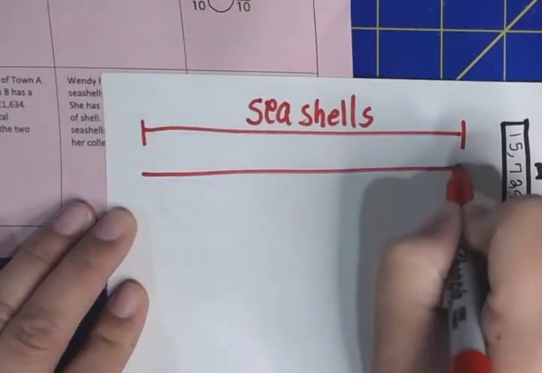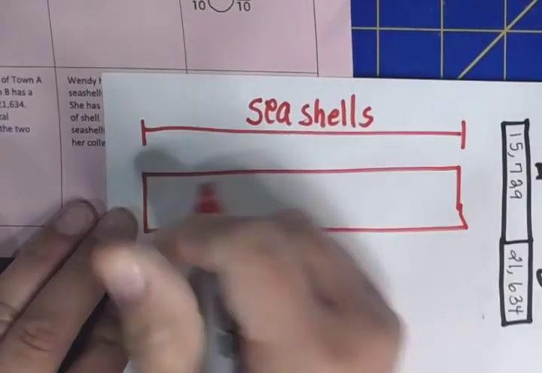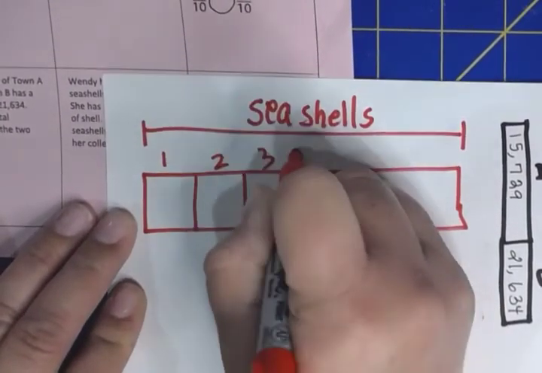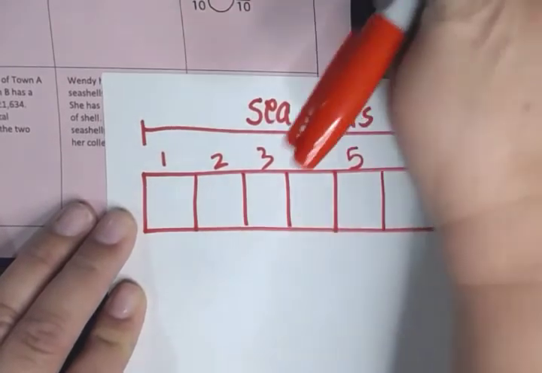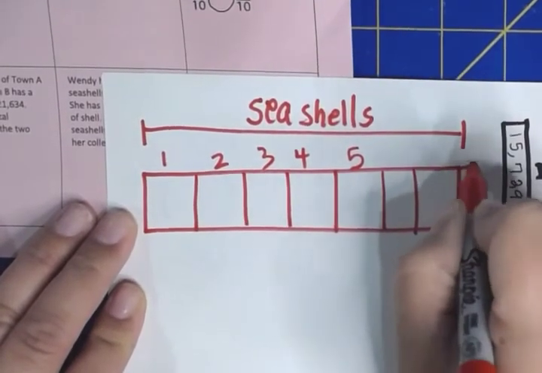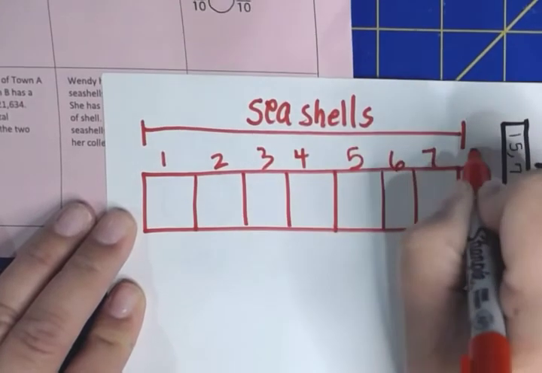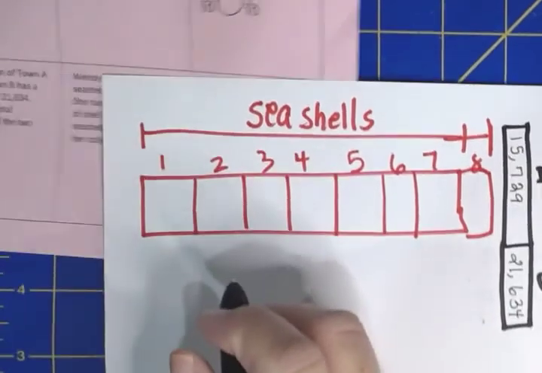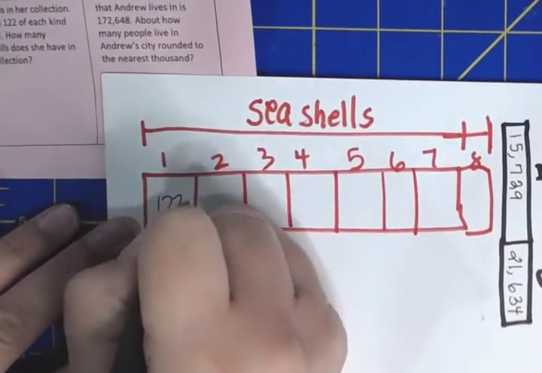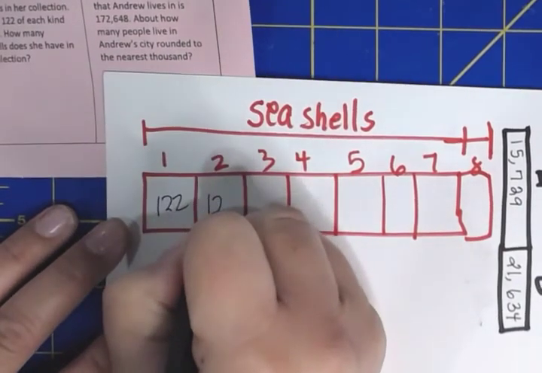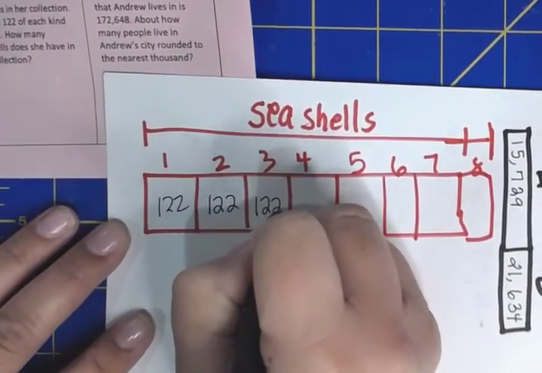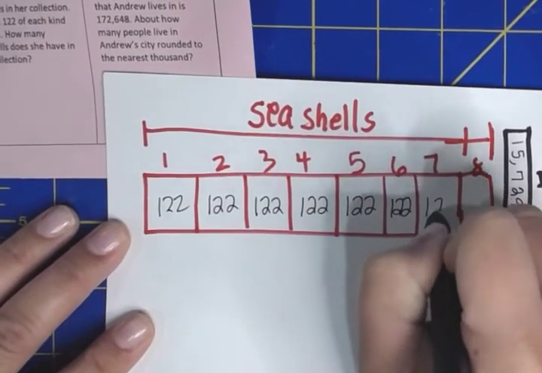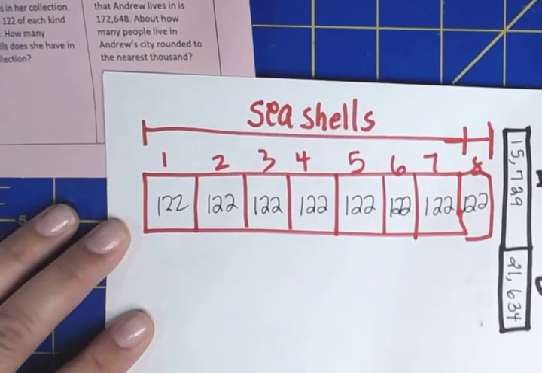She's got 8 kinds, so I'm going to draw this. This is the first kind, the second kind, third, the fourth kind, fifth, sixth, seventh, and 8th. Now, for the first kind, she has 122. The second one, also. Every single kind of seashell she has, she has 122 shells.